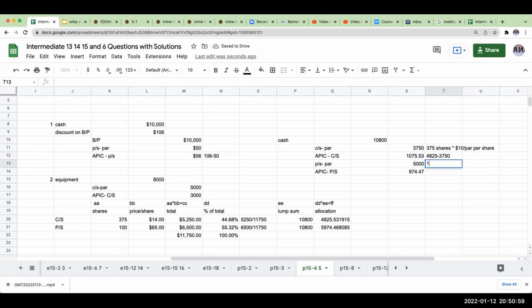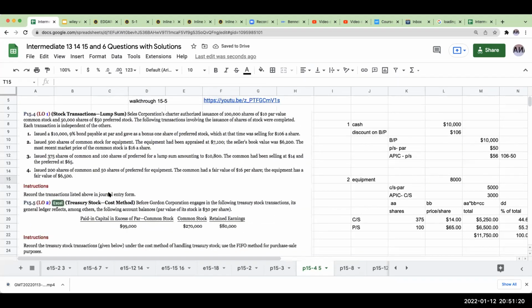For the preferred stock, this is 100 shares at $50 par value per share. And then the additional amount I'm taking to additional paid-in capital is going to be 5974 minus 5,000. So that's how I'm determining that.